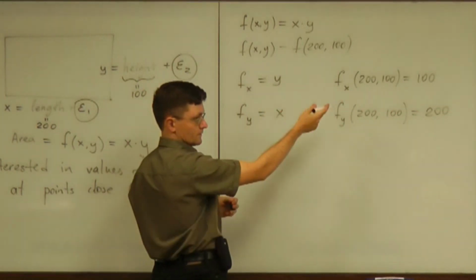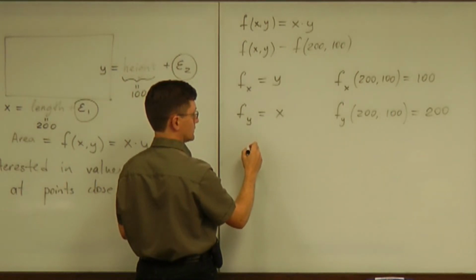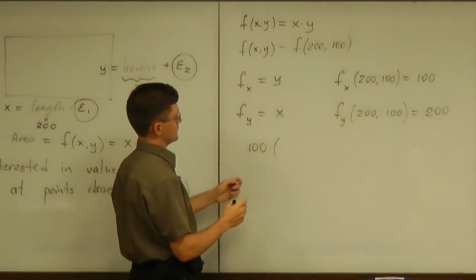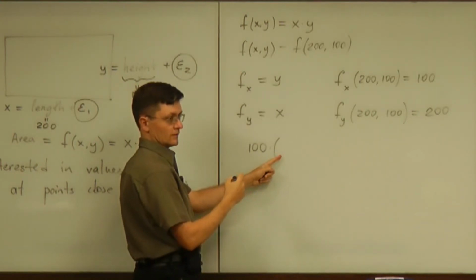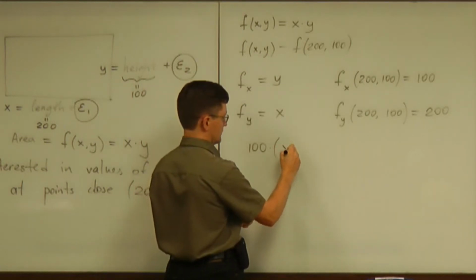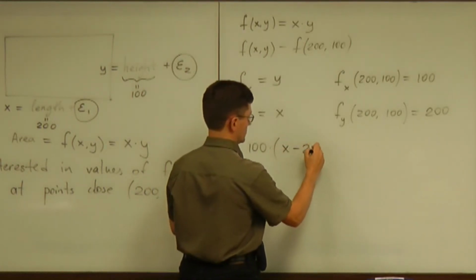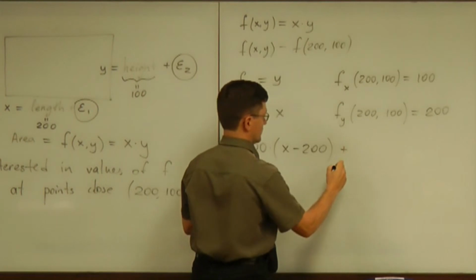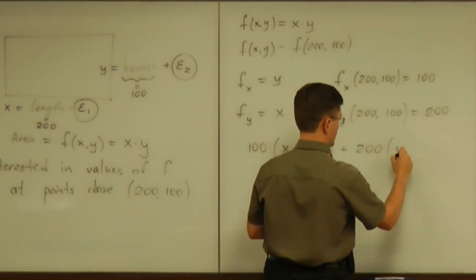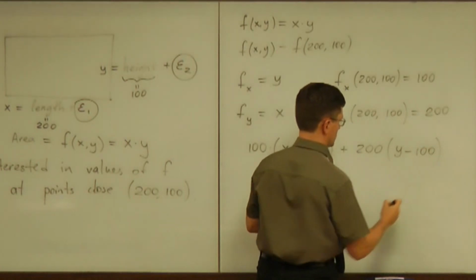And then we use those coefficients. So Fx at that point should be multiplied by x minus 200, and then this number 200 should be multiplied by y minus 100.